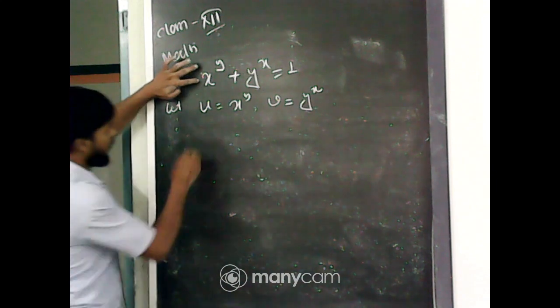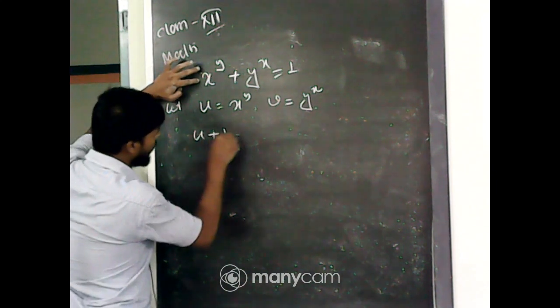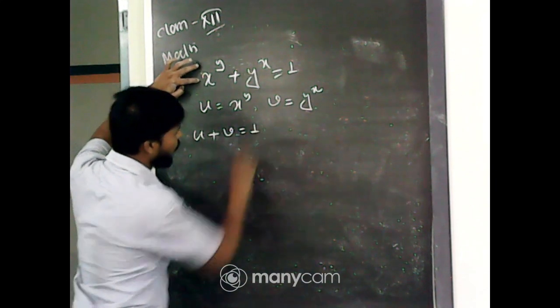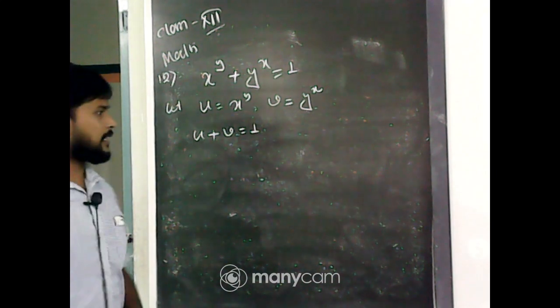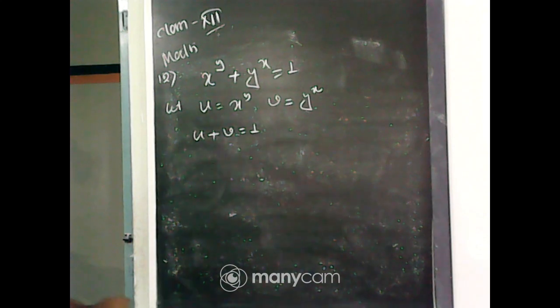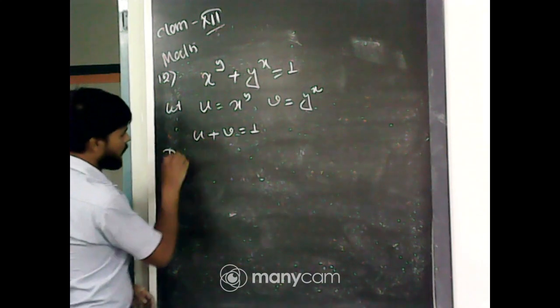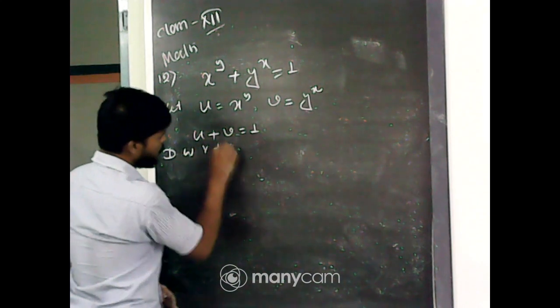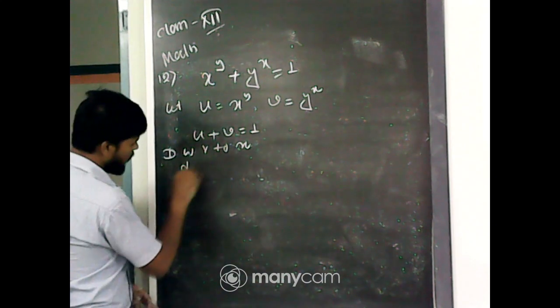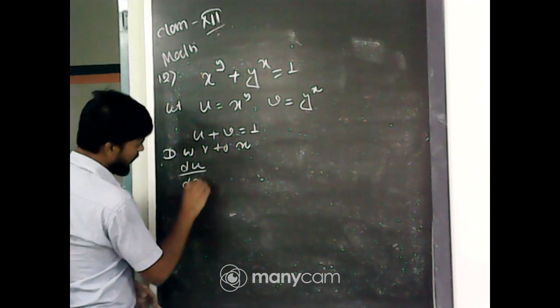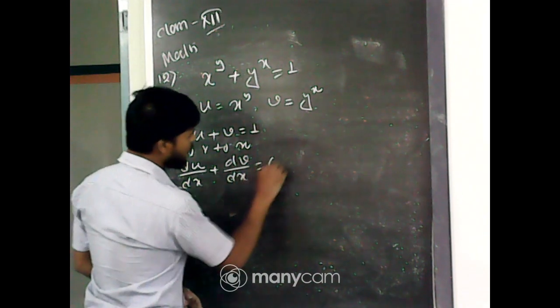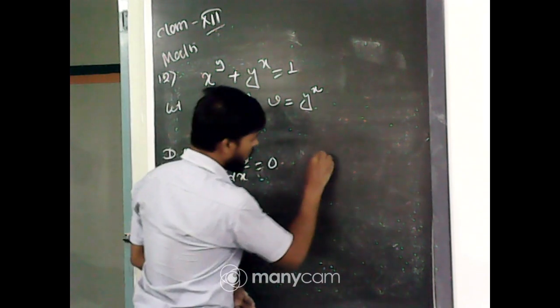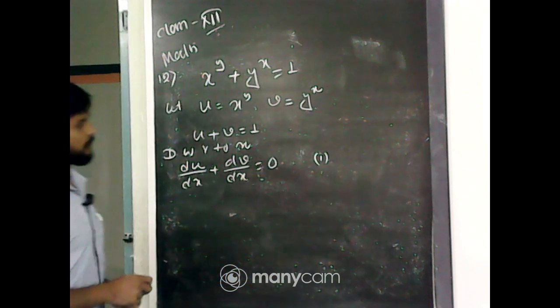So from here we have u plus v is equal to 1. Now if I differentiate it with respect to x, we have du dx plus dv dx is equal to 0. Let this be our equation number 1.